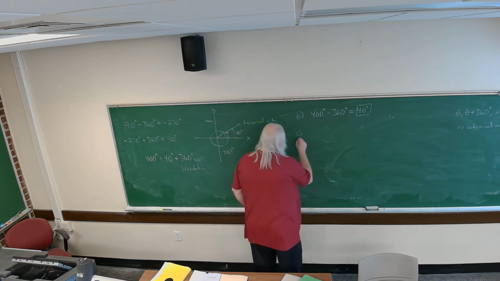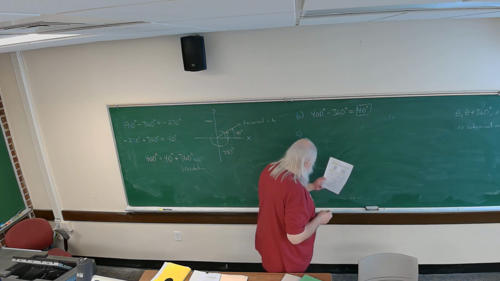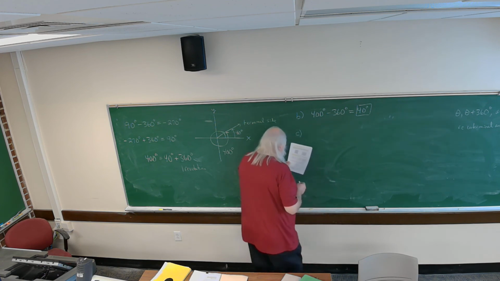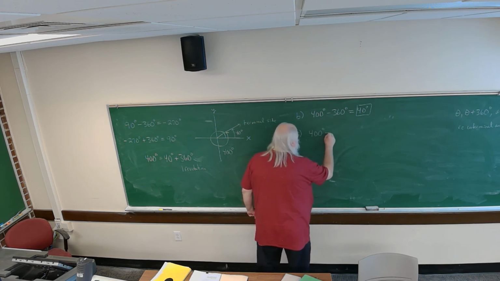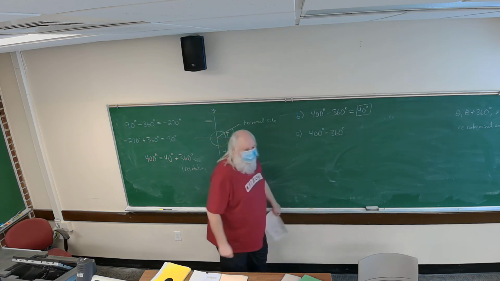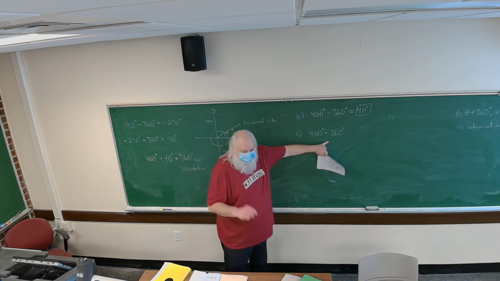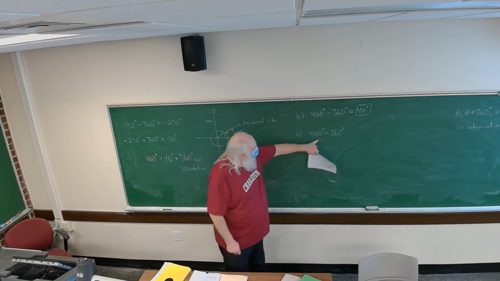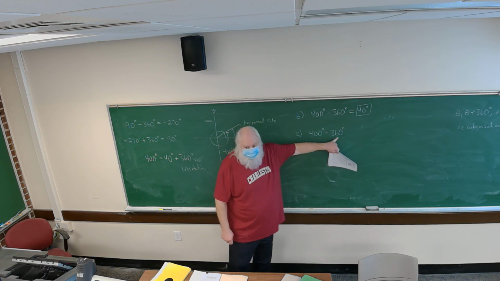In part C, you've got to find a coterminal angle between minus 360 degrees and 0 degrees. So to do that, there's a couple of different ways to do it. First, you can subtract 360, right? That's one revolution in the clockwise direction from 400, and that'll equal 40 degrees.